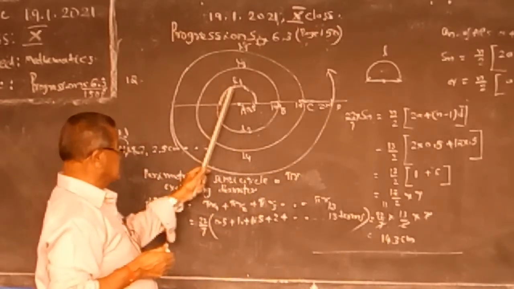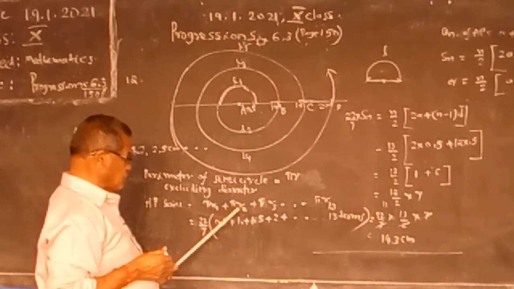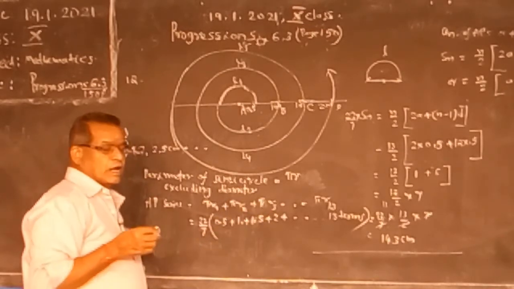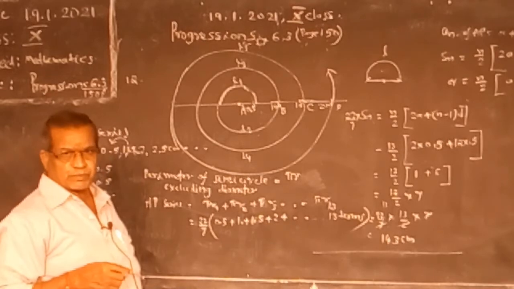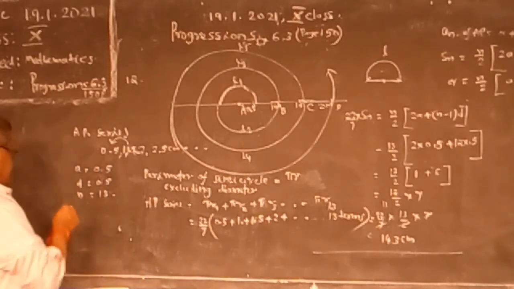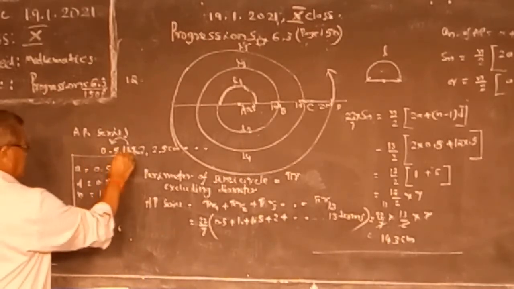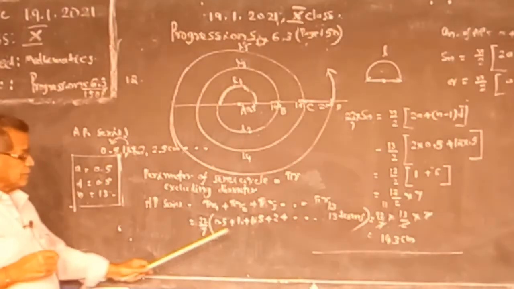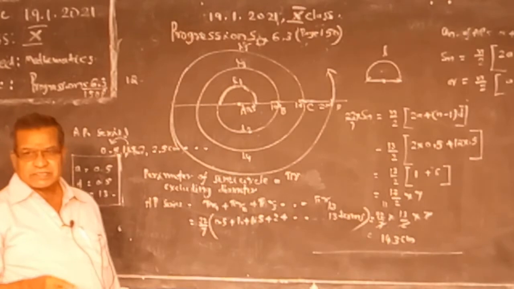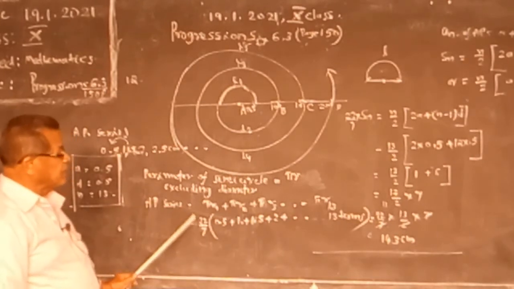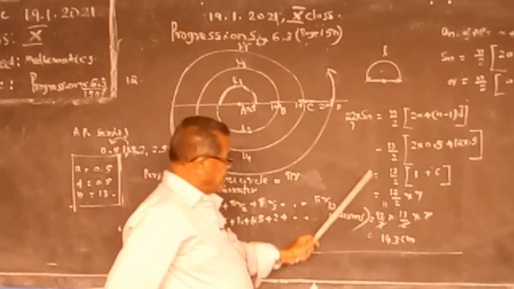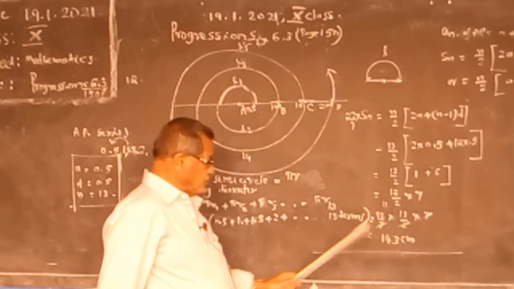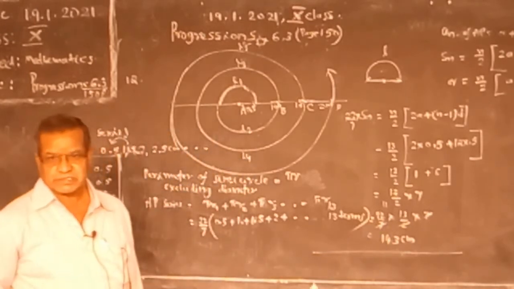Pi r1 first, second arc pi r2, third pi r3, up to 13 arcs given in the problem. n is 13. Now apply the sum to n terms of the series. Pi is taken common and lies outside.